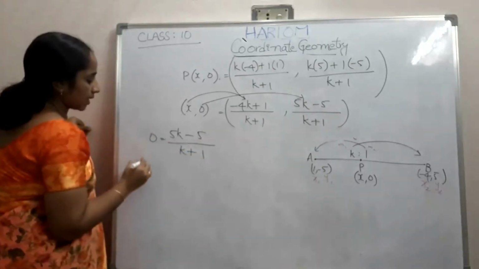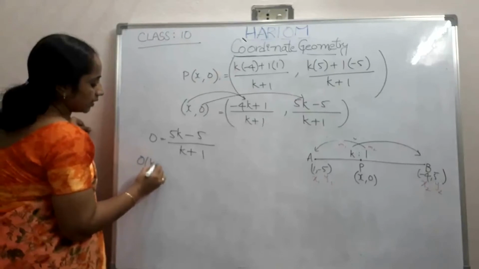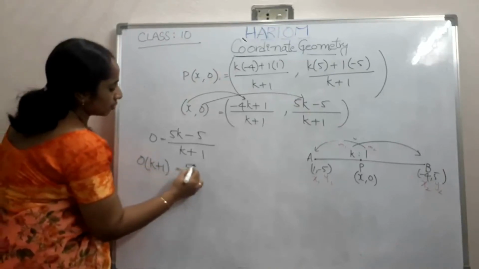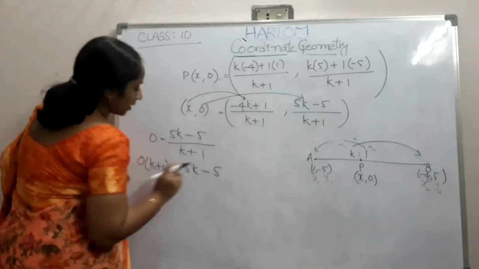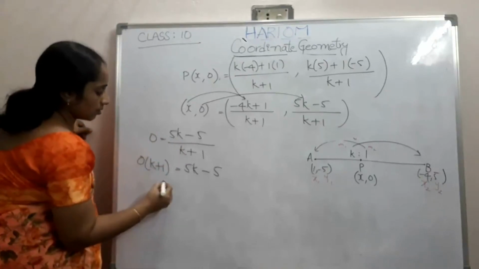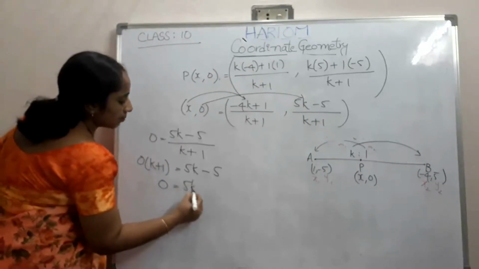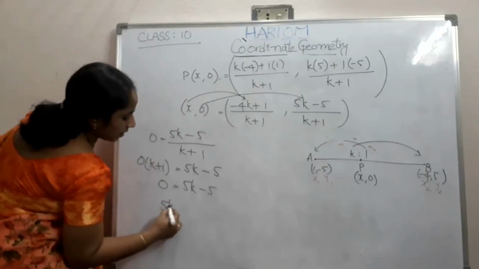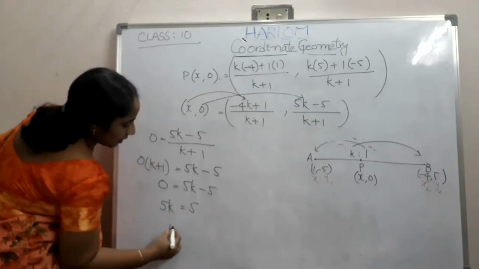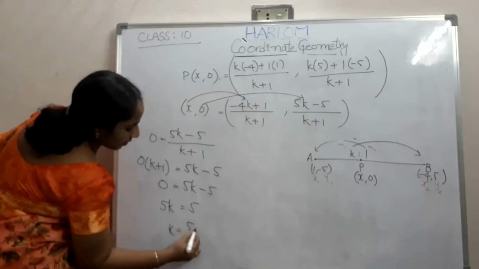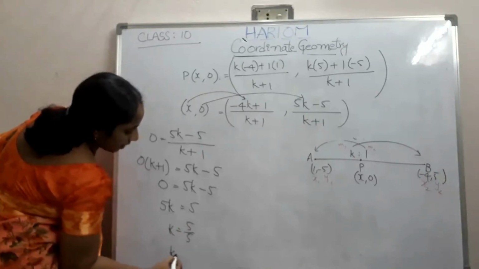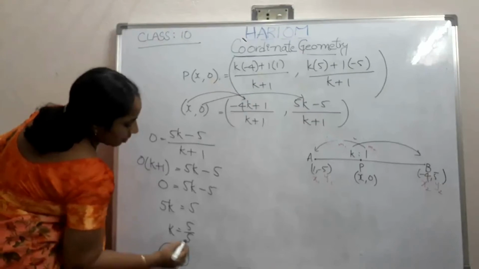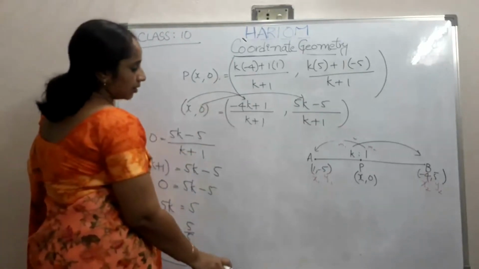By cross multiplication, 0 into k plus 1 is equal to 5k minus 5. 0 into anything is 0, no? It is 5k minus 5, which implies 5k is equal to 5. k is equal to 5 by 5. It is 1.